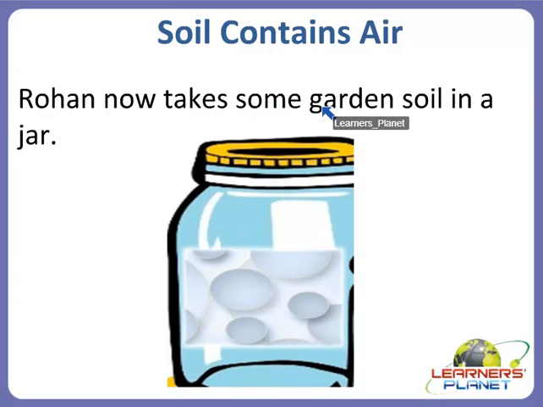Rohan now takes some garden soil in a glass jar, and now what is he going to do? Yes, he pours water over it. So when he pours water over it, he sees air bubbles.